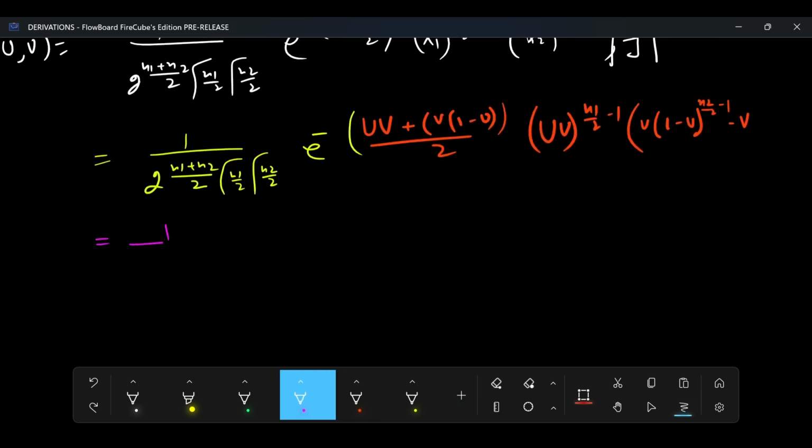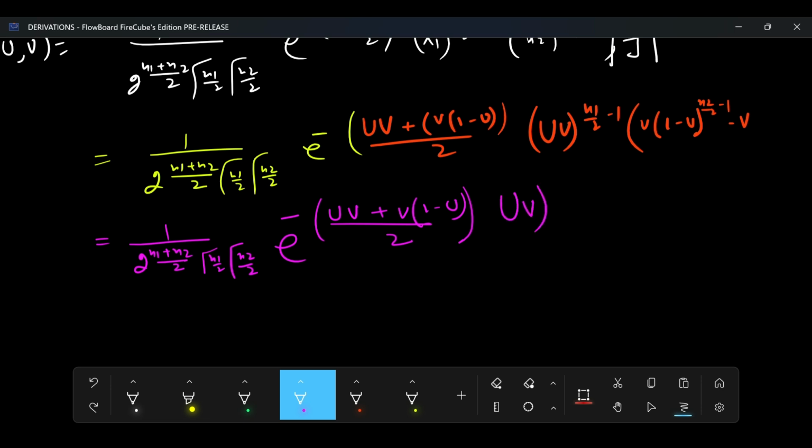That will be equal to 1 upon 2 raised to the power (n1 plus n2) divided by 2, gamma n1 divided by 2, gamma n2 divided by 2, e raised to the power minus (uv plus v times 1 minus u) divided by 2, uv to the power n1 divided by 2 minus 1, v times 1 minus u to the power n2 divided by 2 minus 1, into v.